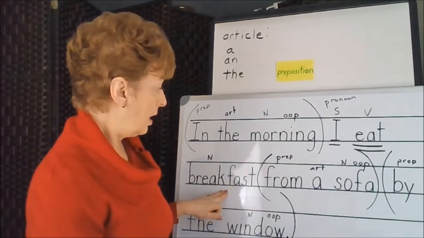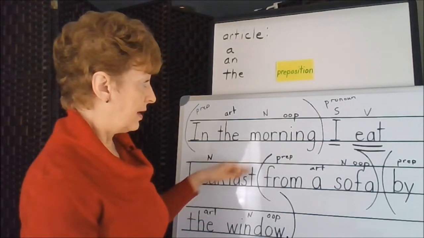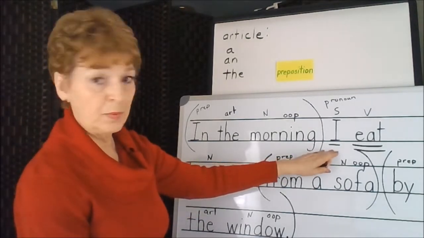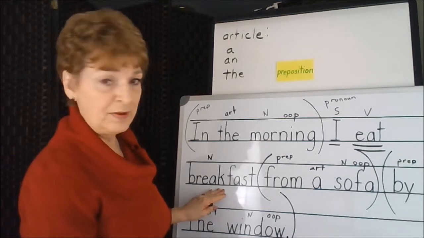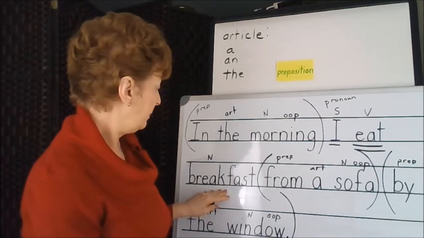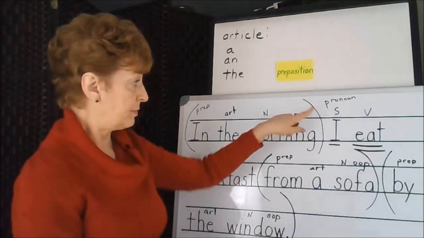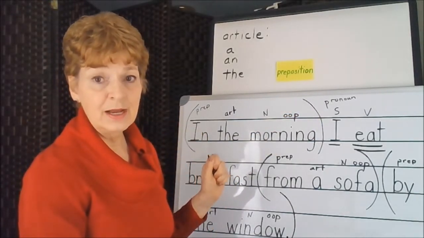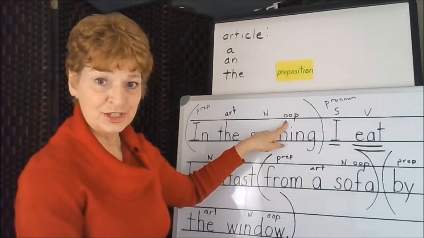But this isn't a function of an object of a preposition because we have no preposition before it. In this case, breakfast must be functioning in a different way. And the functions of a noun are subject, which we have, direct object, indirect object, and an object of a preposition.